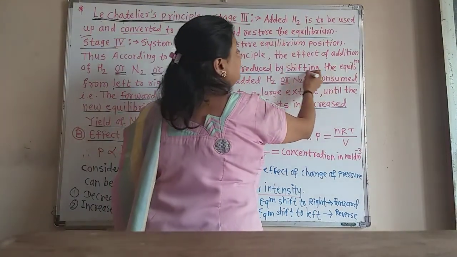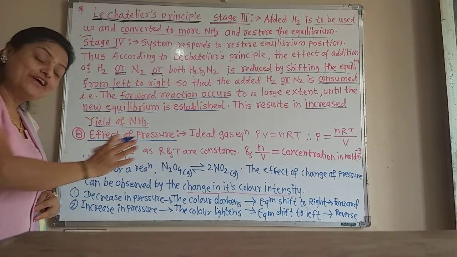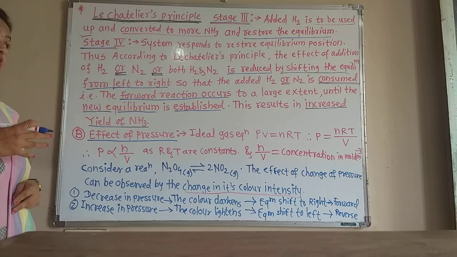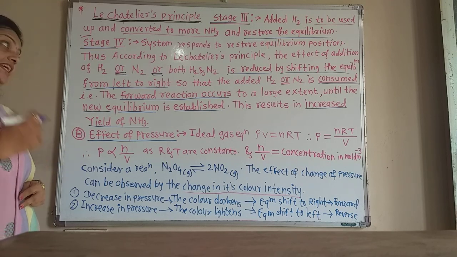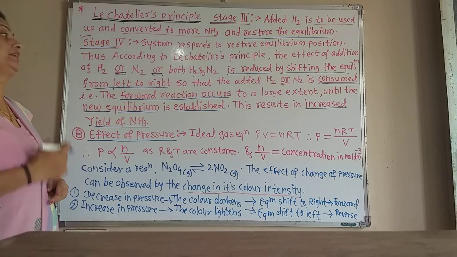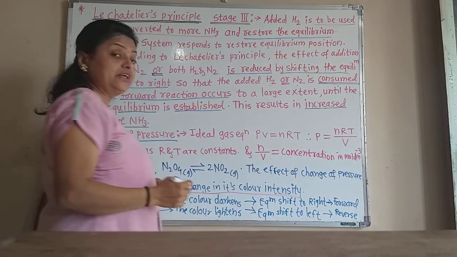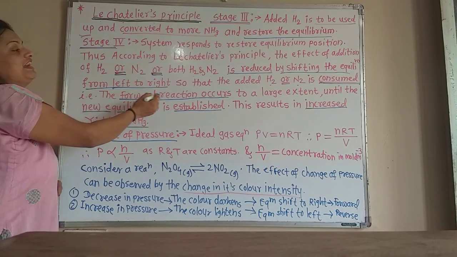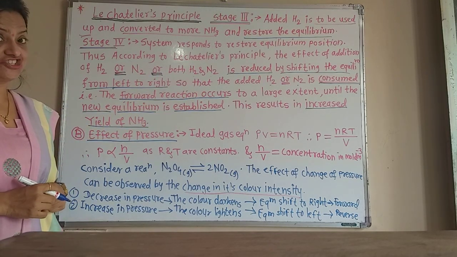By shifting the equilibrium from left to right. That means the forward reaction proceeds more and more, and the equilibrium is attained again. The reaction arranges itself by shifting the equilibrium from left to right, so that the added hydrogen or nitrogen gets consumed, and the forward reaction occurs to a larger extent than the reverse reaction.